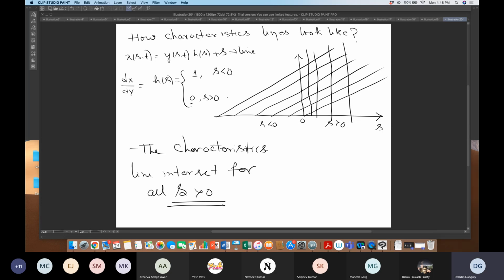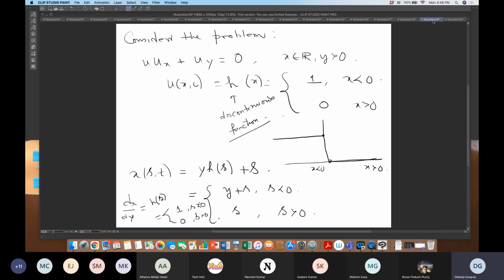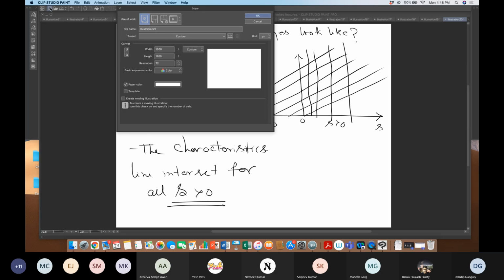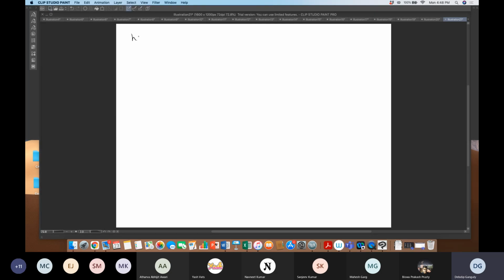Now, just look: instead of this discontinuity 1, 0, if I give 0, 1, then what happens? Can anyone tell me? Suppose h of x is given to be 0 if x is less than 0, and 1 if x is greater than 0. Then x of (s, t) is equal to t h of s plus s.